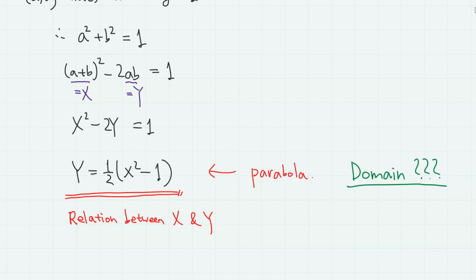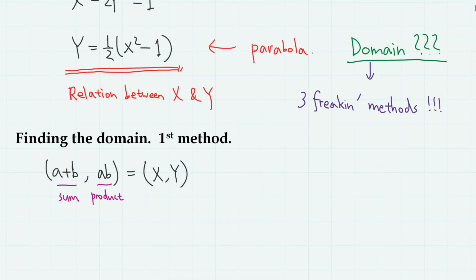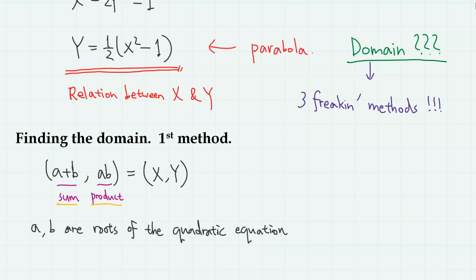Now what would be the domain of the locus? Here I will show you not one, not two, but actually three methods to determine the domain. The first method is using the fact that X and Y are respectively the sum and the product of two variables a and b. This means that a and b are actually roots of the quadratic equation t squared minus Xt plus Y equals 0.